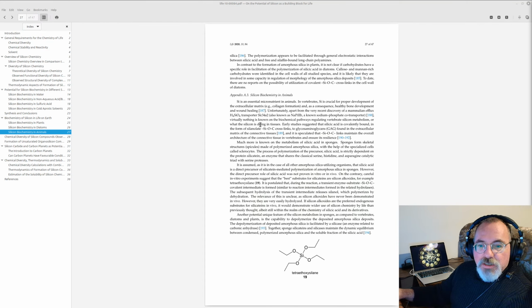Early studies suggested that silicic acid is covalently bound in the form of silanolate, SiO, silicon-oxygen carbon crosslinks, to glycosamine glycans, GAG, found in the extracellular matrix of the connective tissues, and it is speculated that the silicon-oxygen carbon links maintain the overall architecture of the connective tissue in vertebrates and ensure its resilience.